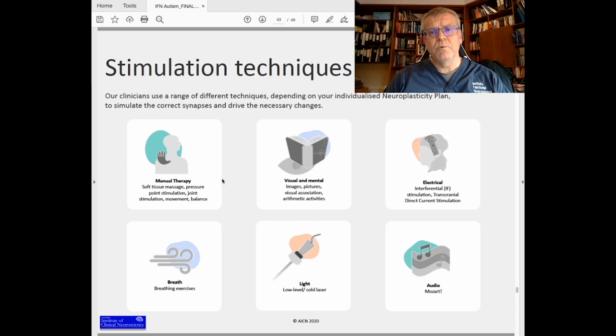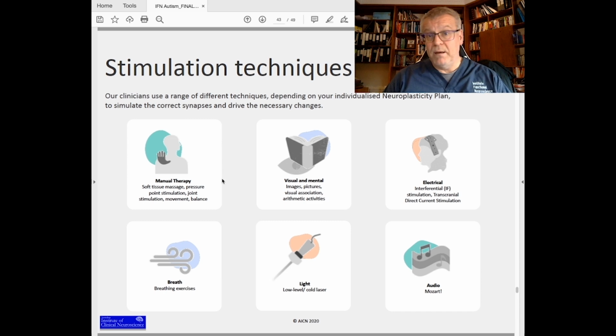We also use visual and mental stimulus. And these visualizations or visual stimulus and the mental stimulus are usually overlapped with some other type of brain stimulus, like the manual therapy or the electrical stimulus that we might be using. So electrical stimulus is usually a very light electrical current that we can put through your hand or your arm or your foot.